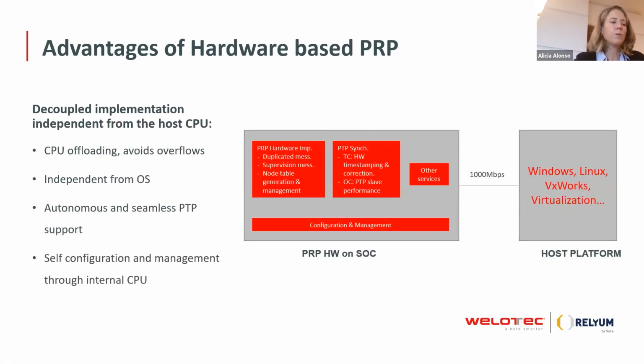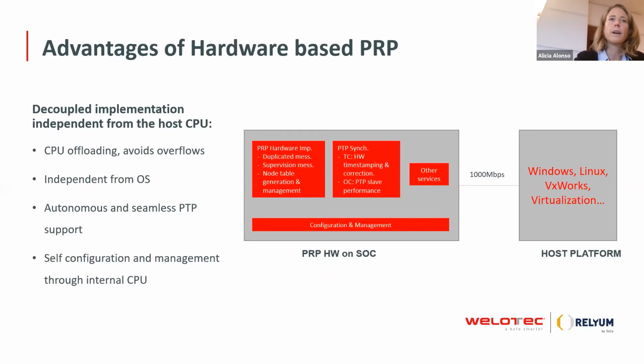So after reviewing what an FPGA is, let's focus on what a hardware implementation of PRP means and what the advantages of using this type of solution can be. Well, basically, if you opt for a hardware implementation on a separate board, PRP will be independent from the host CPU of the main platform.